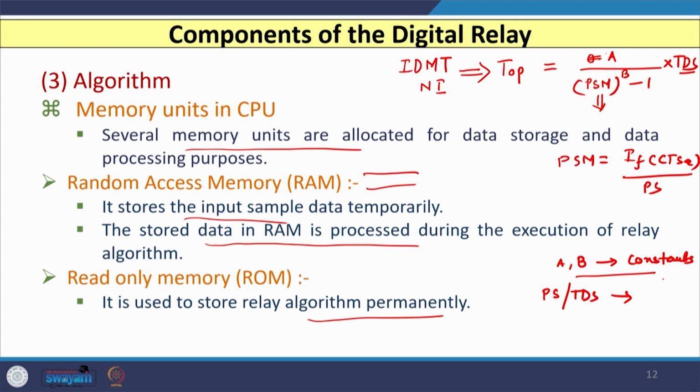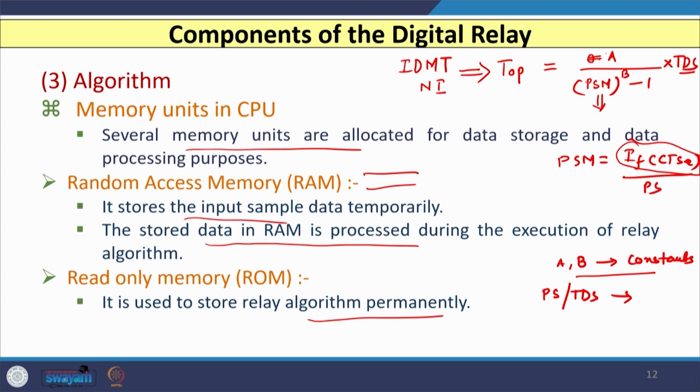So, now what is required is the algorithm, which is again written in the ROM. Your data which are going to be acquired by the data acquisition system, in terms of, let us say, current, because you need the fault current here, are stored temporarily in RAM, and other parameters like plug setting, time dial setting, characteristic constants, all those are stored in EEPROM.